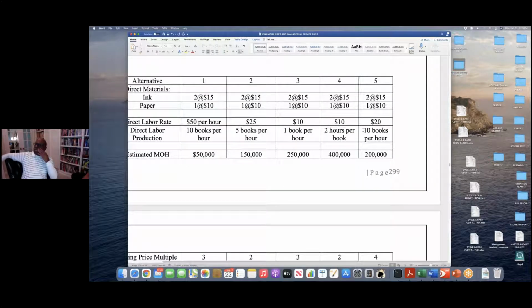So this covers basically every example. So total cost and selling price. Total unit cost. So everything's on the unit basis, the selling price.